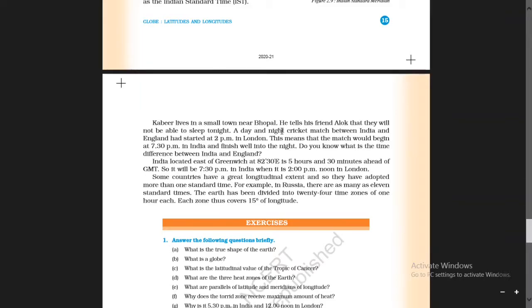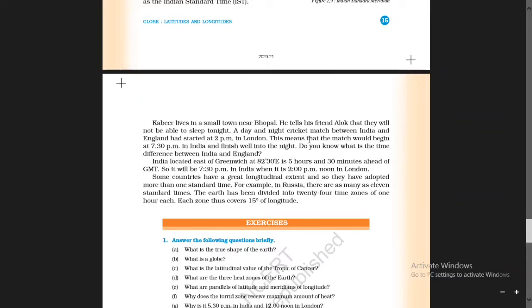Let us see. It is because a day and night cricket match between India and England had started at 2 p.m. in London. So a day and night match will begin at 2 p.m. in London.